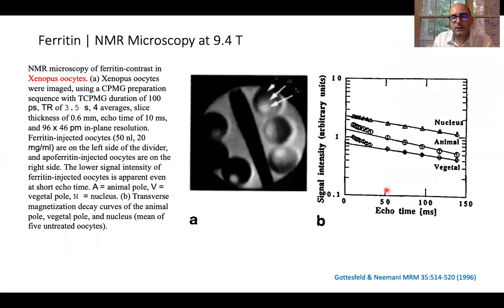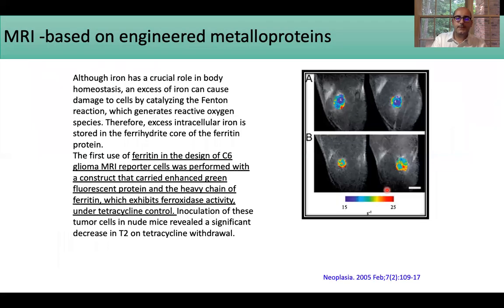This is an early study by Ziv Cohen from the group of Michal Neeman. Early in '96 they published, and these are Xenopus oocytes, so these are frog eggs that were injected with commercially isolated ferritin, and they were able to demonstrate that ferritin by itself can lead to a reduction in the MRI contrast, in the T2 contrast.